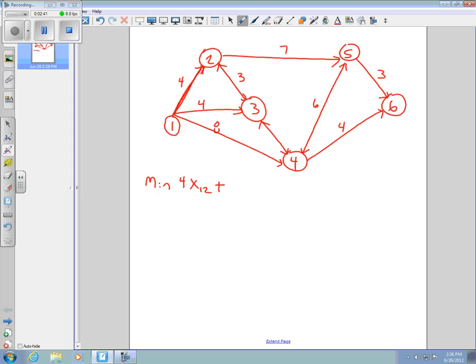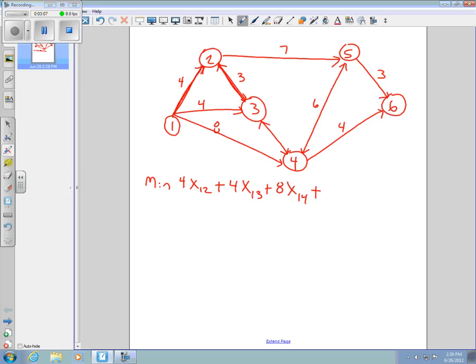So plus 4 times x13 plus 8 times x14 plus, and we'll keep going, you'd have 3 times x23 plus 3 times x32, because you could in fact go from 2 to 3, or you could go from 3 to 2.